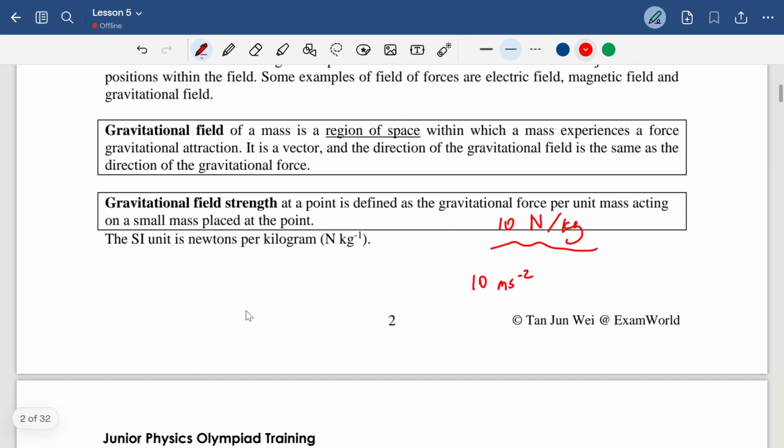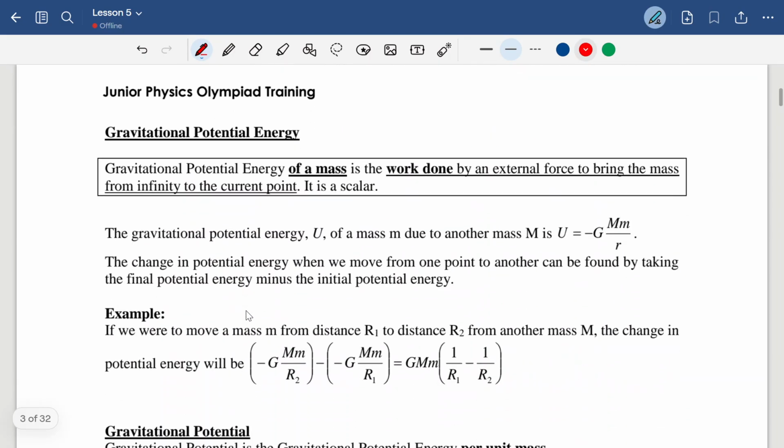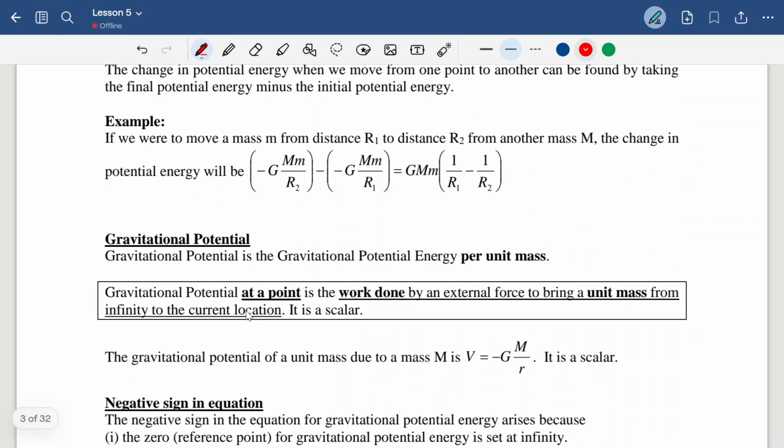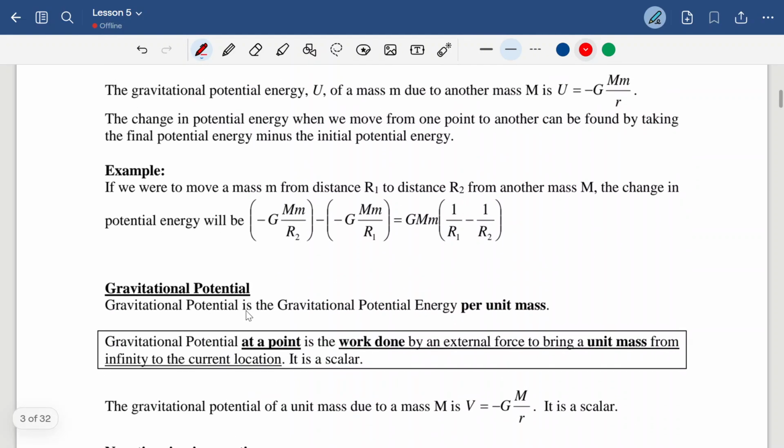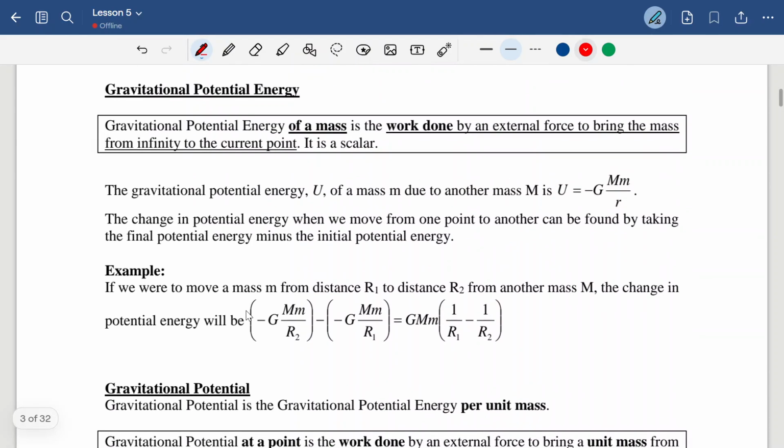So now you learn two terms, force and field. Later we'll come to the equation. The next two terms are gravitational potential energy and gravitational potential. Now, you don't need to know the definition here. This is the definition for JC. I didn't fix it based on the JC one because there's an update, so I updated it for your new syllabus.